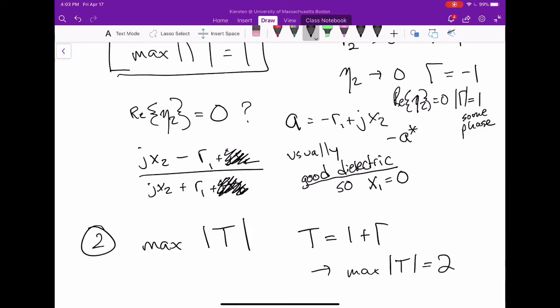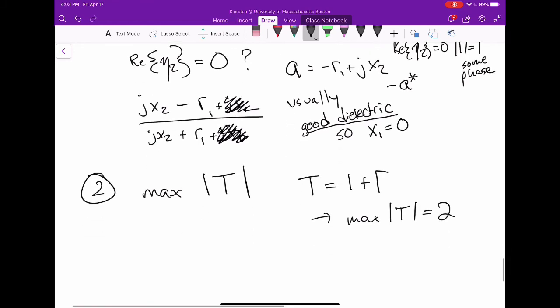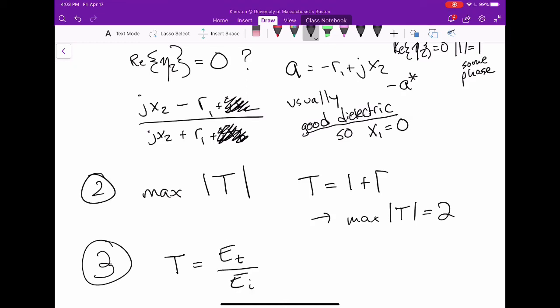Does this break conservation of power? Actually, no. Because remember, the transmission coefficient is the transmitted electric field divided by the incident electric field.